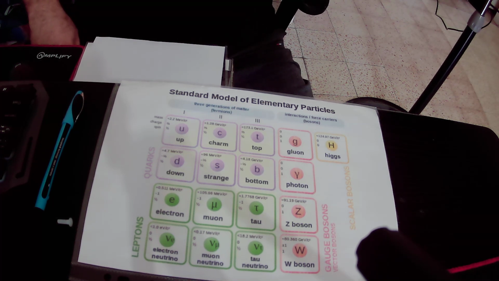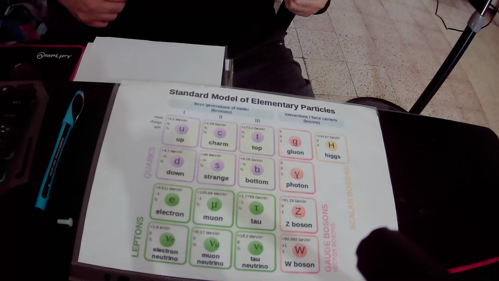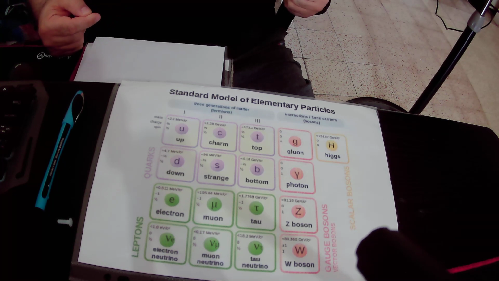And the atom itself consists of electrons that orbit around the center of the atom, and in the center of the atom we have the nucleus that consists of protons and neutrons. And the protons and neutrons are not elementary particles because they themselves consist of quarks.